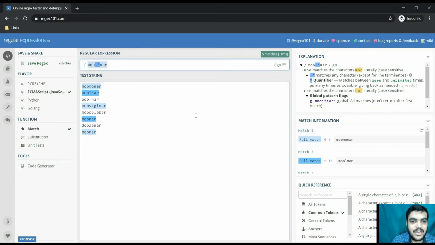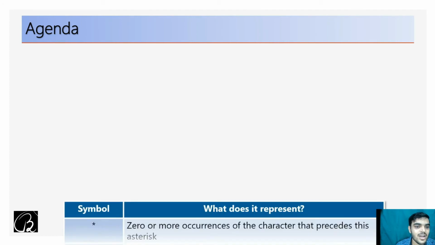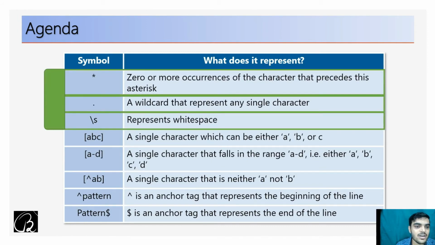Okay, so I hope that you have understood how to use dot star in regular expression. Now let's finally see today's agenda. In the previous videos, we have already learned about the first 3 symbols from the basic set, right? Those are star or asterisk, then dot or period, and then \s.